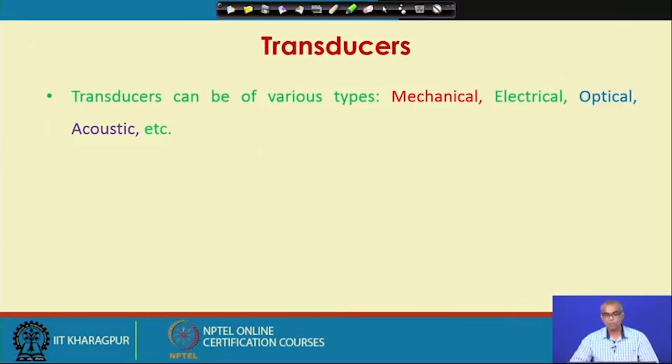So, transducers can be of various types: mechanical type transducers, electrical type transducers, optical type transducers, acoustic type transducers, and so on and so forth.